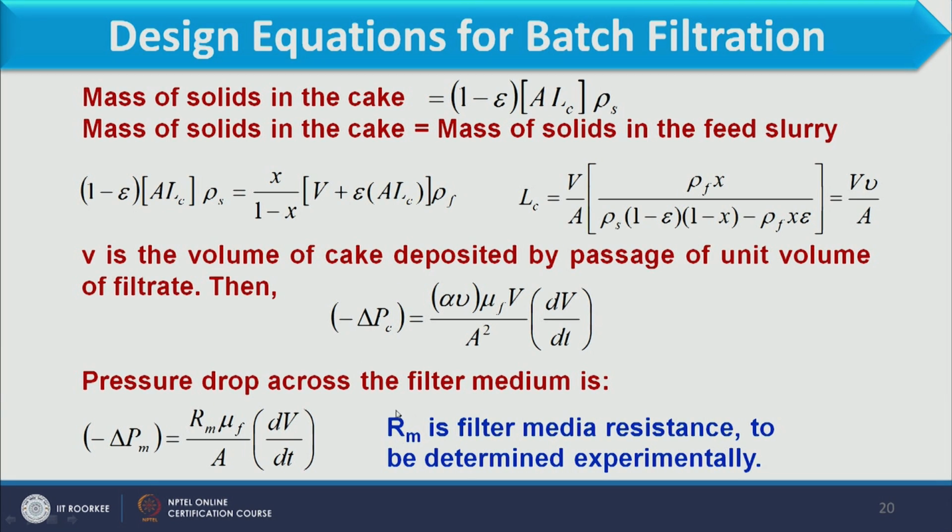Further, we can define the pressure drop across the filter media, that is minus delta Pm equal to Rm mu F by A. So you see we have replaced all the alpha V, capital V by A with Rm, that is the total resistance offered by the media, and mu F into dV by dt. So based on this expression we can calculate the pressure drop in the media.